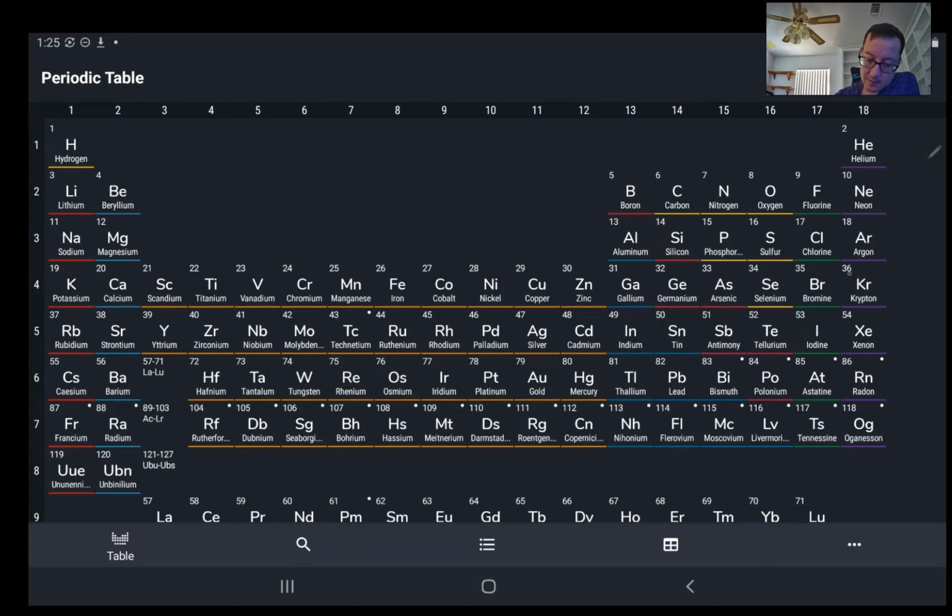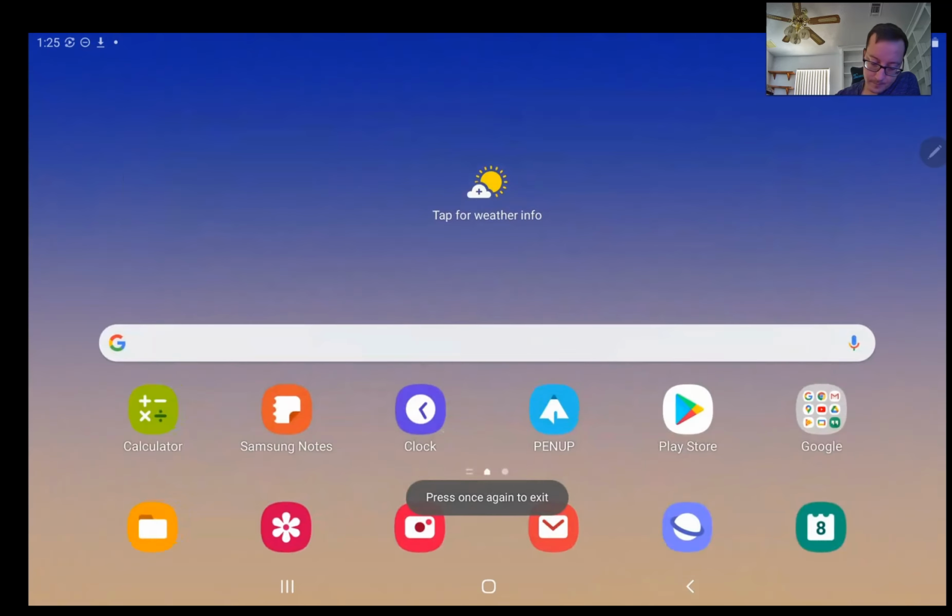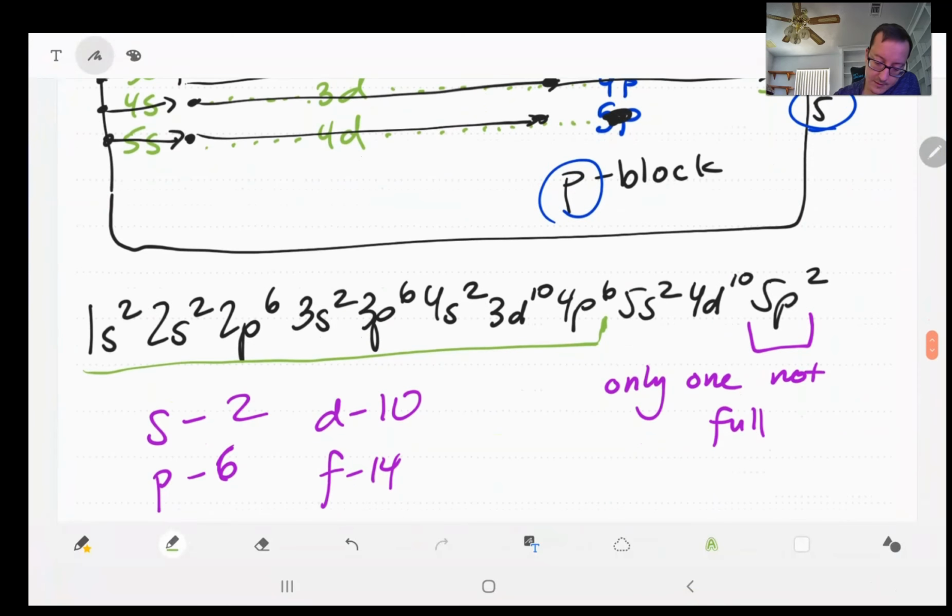Aha, that's krypton. So we could just say krypton for all this stuff underlined in green. So krypton 5s2 4d10 5p2, and that would be the only thing there.